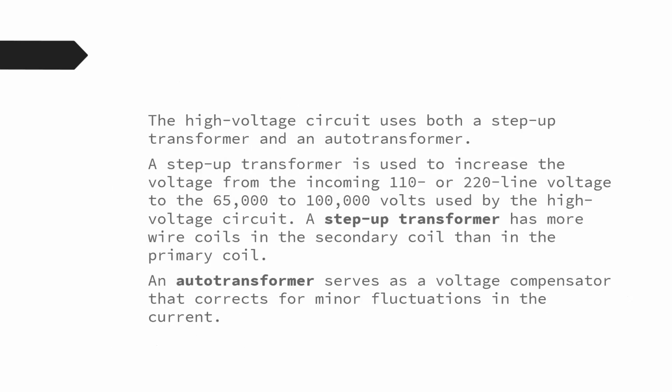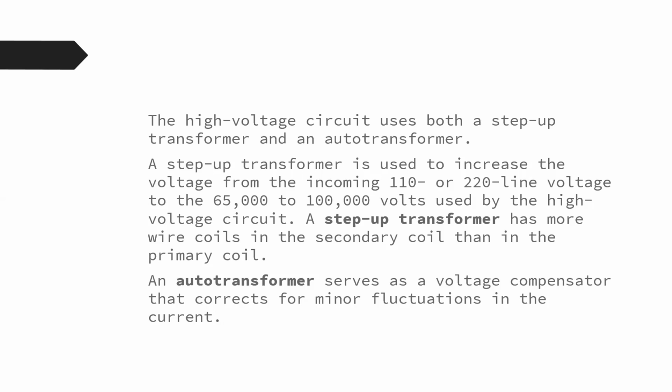Now, the high voltage circuit uses the step up, because remember, that requires 65,000 to 100,000 volts, right? So this is where the step up comes into play. It increases the voltage from the incoming 110 or 220 line to the 65,000 to 100,000 volts used by the high voltage circuit.